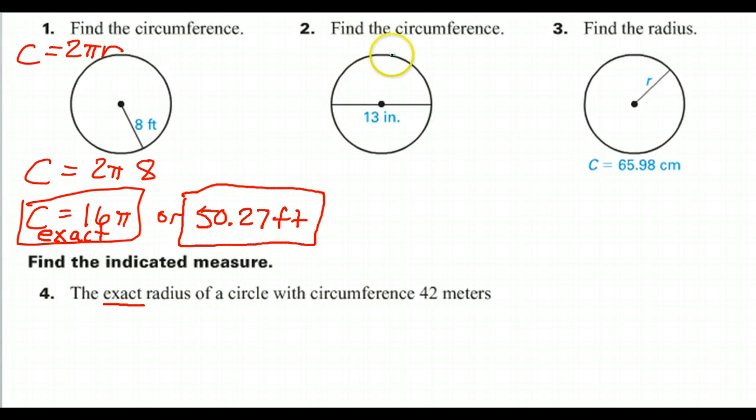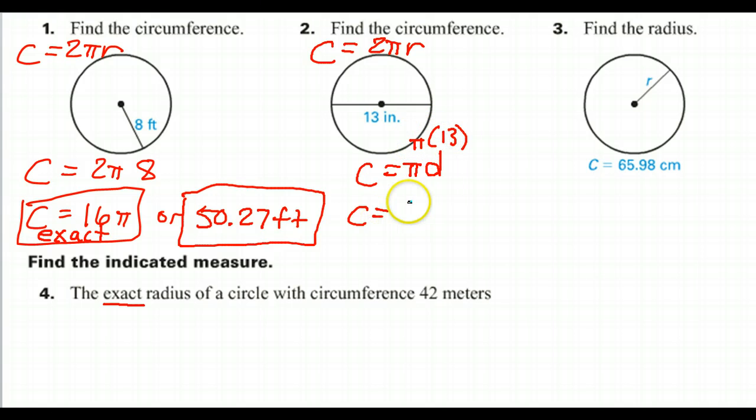Okay, number 2, find the circumference. The circumference is 2 times pi times the radius. So I could divide this 13 in half to get the radius, but it's easier to remember that the circumference is also pi times the diameter, because that is 2 radii. And the diameter is 13, so the circumference is, think pi times 13, but it's more comfortable to write 13 pi.